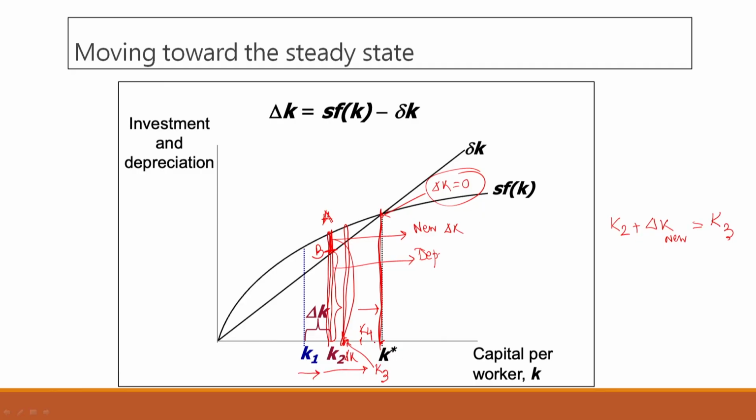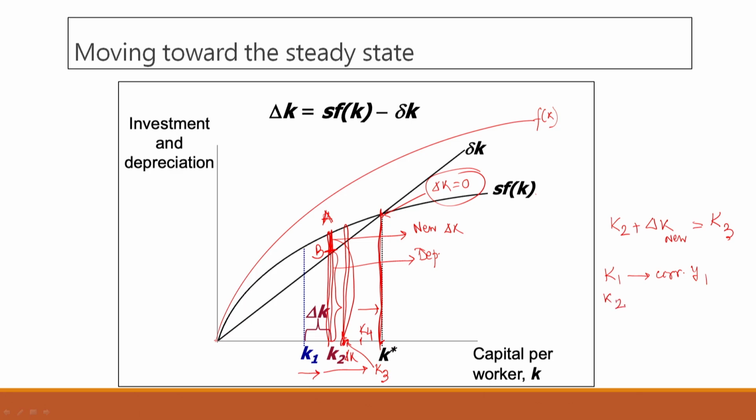And at every step, again, this is not drawn here, but we can always do this if we would like to convince ourselves. There is already a production function up there, right? Because without that production function, we cannot arrive at this S of Fk. So, for K1, there will be a corresponding Y1.